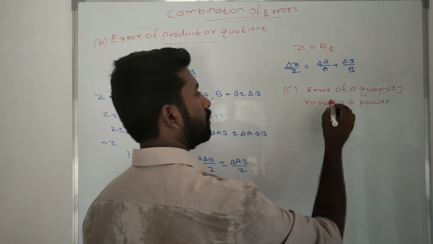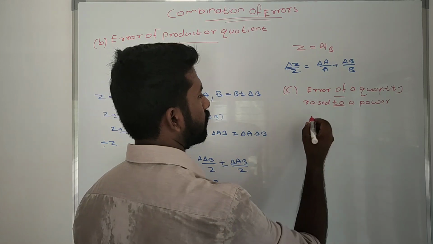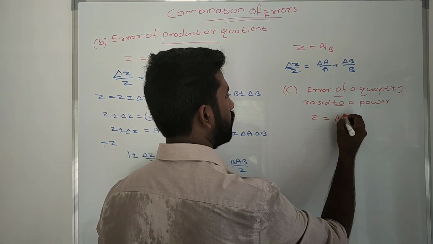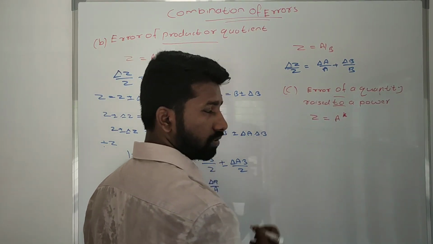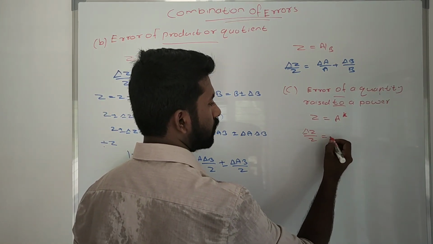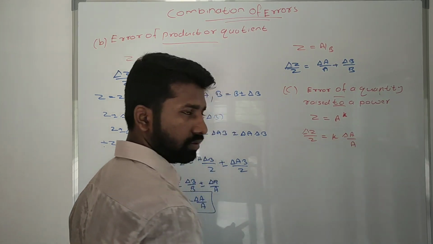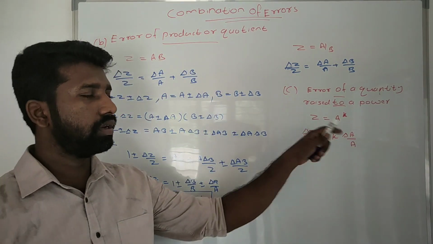That means if a quantity, we can take it as Z is equal to A raised to the power k, then the relative error in Z is equal to k into delta A by A. Okay, k times the relative error.